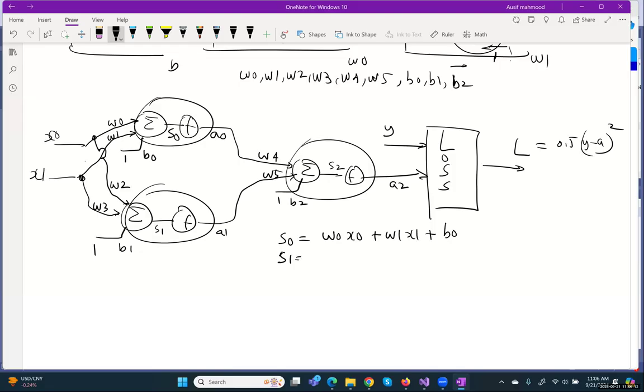If you take a look at S1, X0 is being multiplied by W2, so W2 X0 plus W3 X1, coming from X1, plus B1, right? The next equation is A0. How is A0 related to S0? Again, let's assume a linear activation function. S1 equals A1, correct? What about S2?